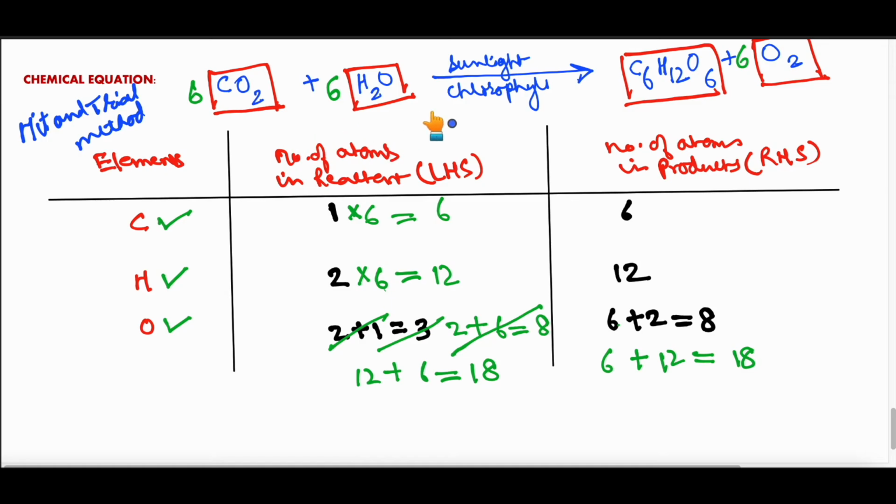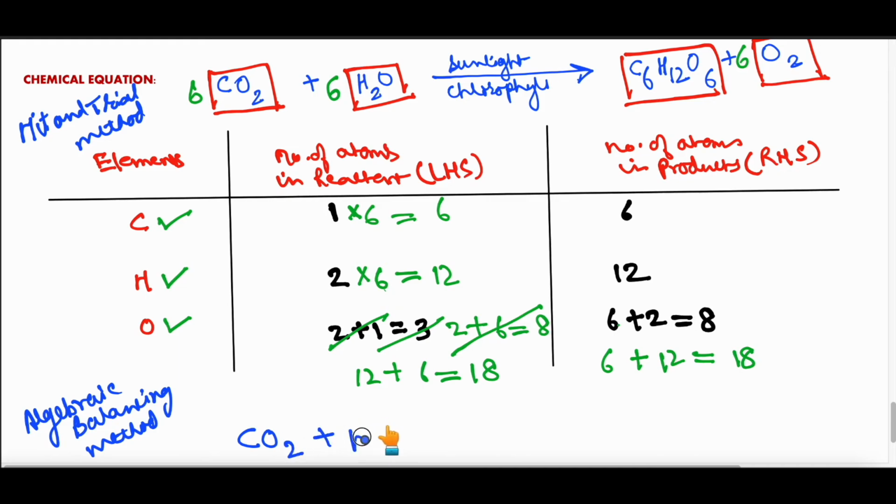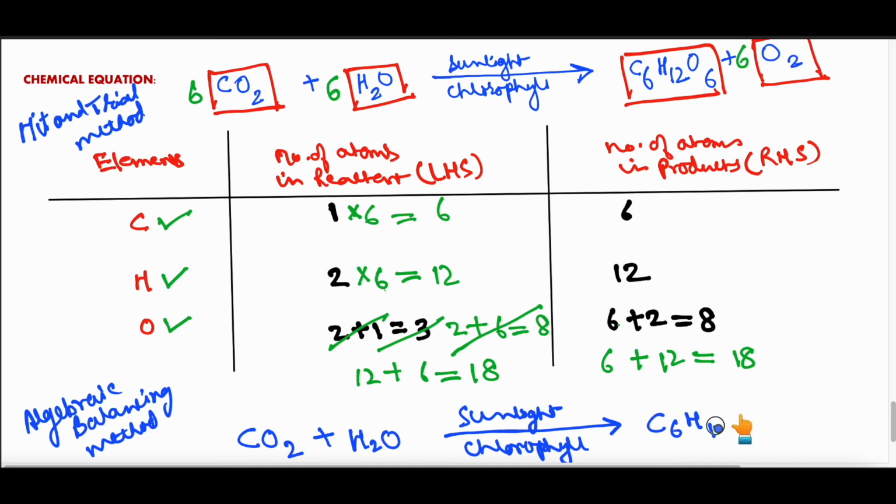Now let us balance the same chemical equation by the algebraic balancing method. Let me write this same equation here. CO2 plus H2O, in the presence of sunlight and chlorophyll, gives C6H12O6 plus O2.